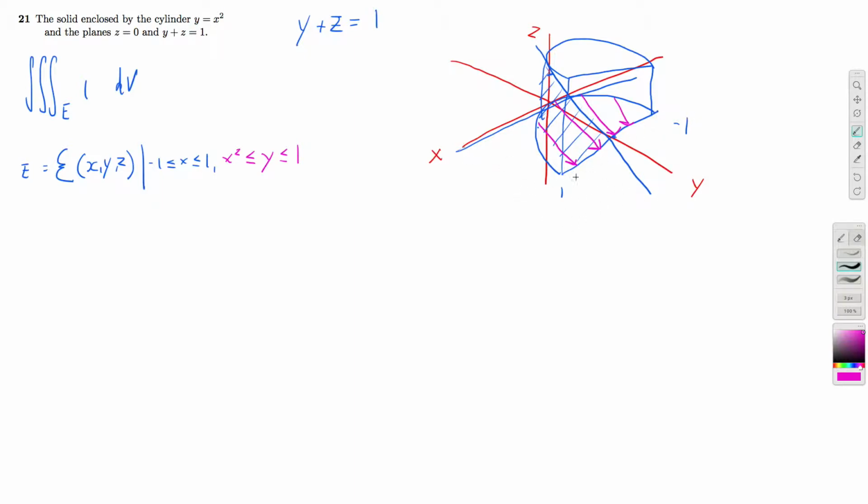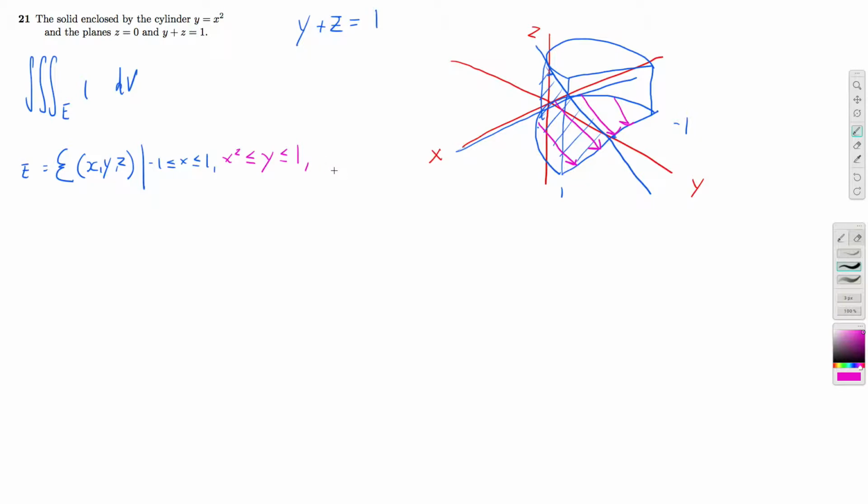The question is, how do you know that this intercept is 1? I kind of just assumed it. That is correct, it is 1. I've done this question before. I don't know, just accept it.